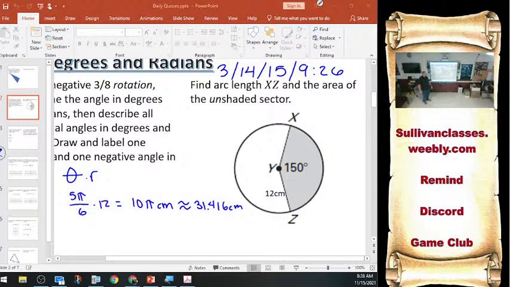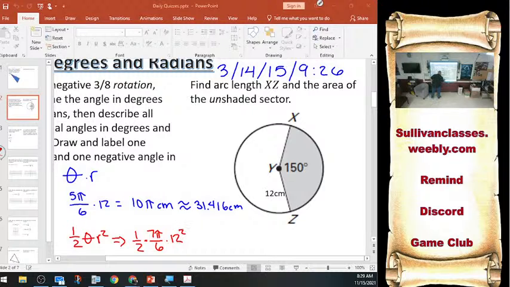But so anyway, we got that, and then the area of the unshaded sector. Remember, that one is 1/2 radians times radius squared. But you got to be careful here, unshaded sector. So we're going to have 1/2 by 150 away from 360 is 210. 210 in radians is 7 pi over 6 times the radius squared.